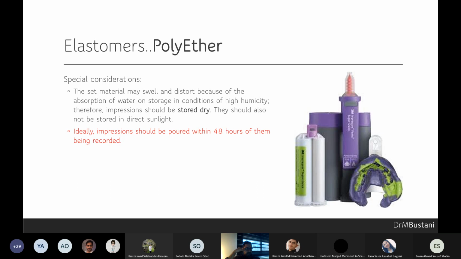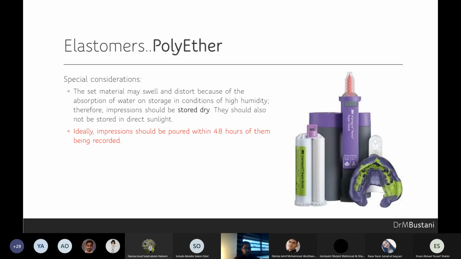Plus, you need to be extra careful upon disinfection of polyether. You will disinfect it in the same manner you did with alginate. You spray it with the disinfectant rather than immersing it in the disinfectant.